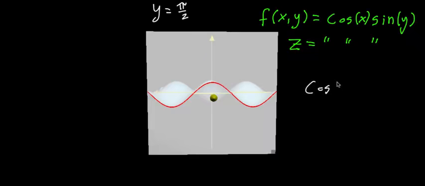We've got cosine of x, and then y is held at a constant, sine of pi halves. Sine of pi halves always equals 1. So we could replace this with 1, which means the function as a whole should look like cosine x. So again, the multivariable function, we've frozen y, and we're letting x range freely, and it ends up looking like a cosine function.